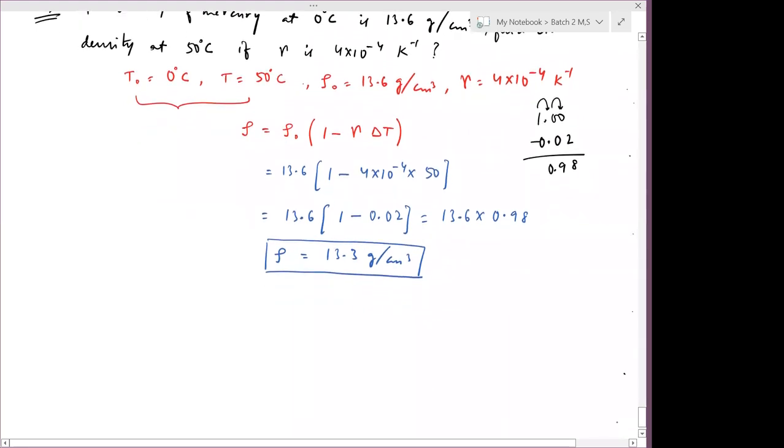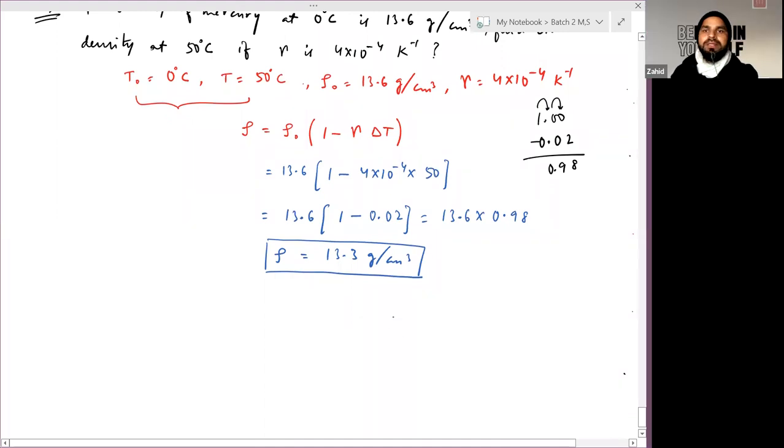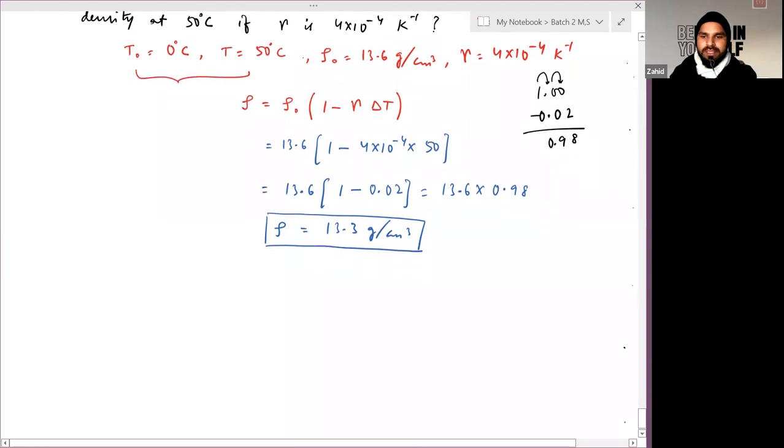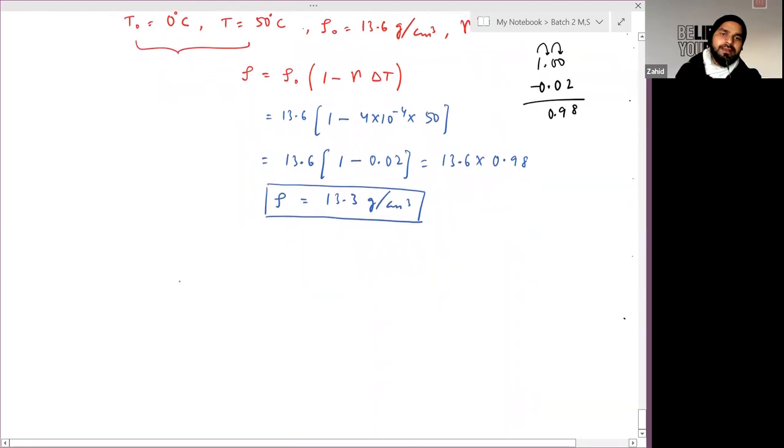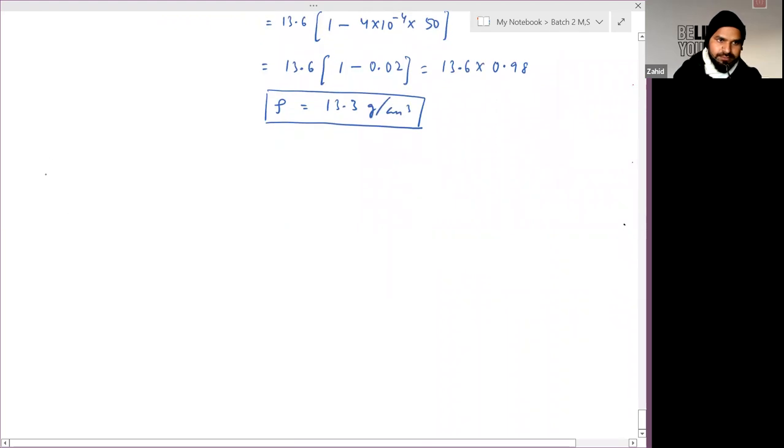In this part, density is decreasing on increasing temperature, but there will be an exception in the case of water. Let me define it for you, which is called the anomalous behavior of water.